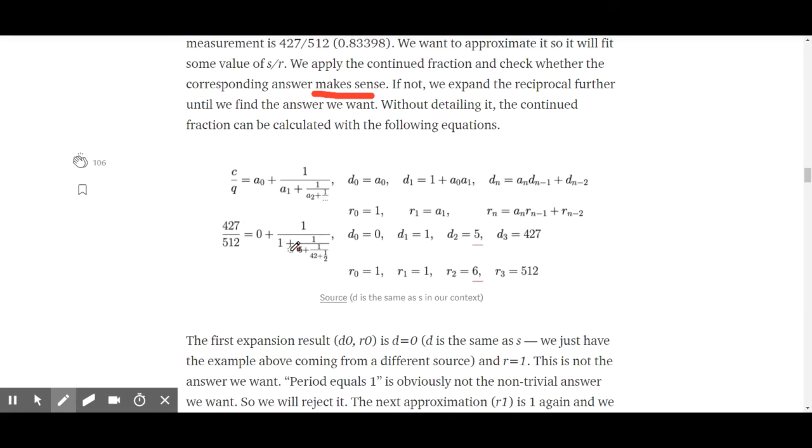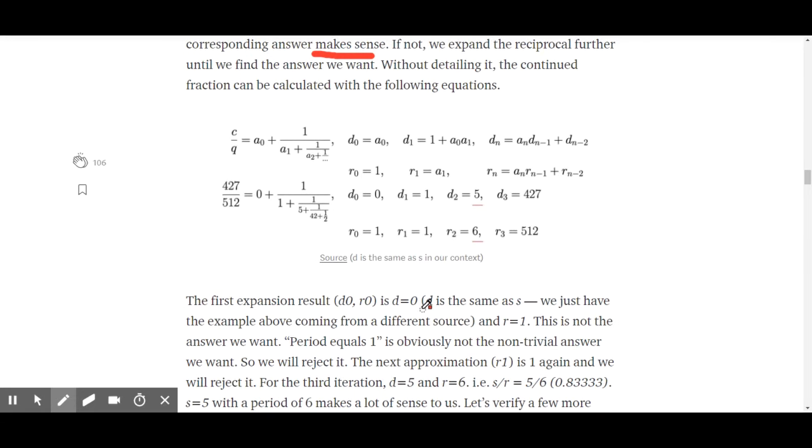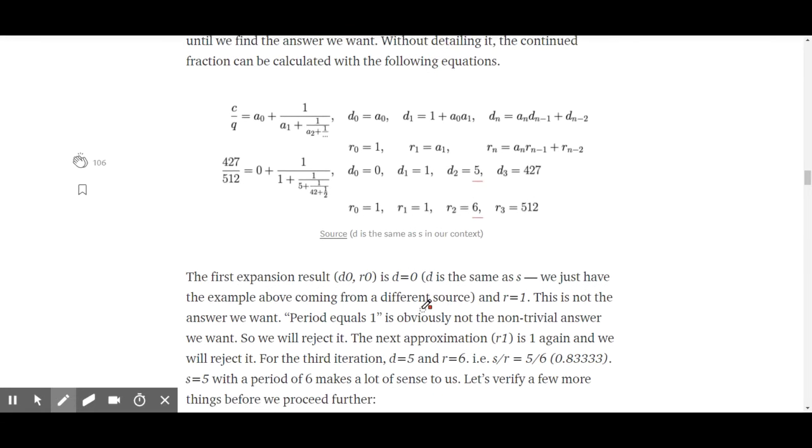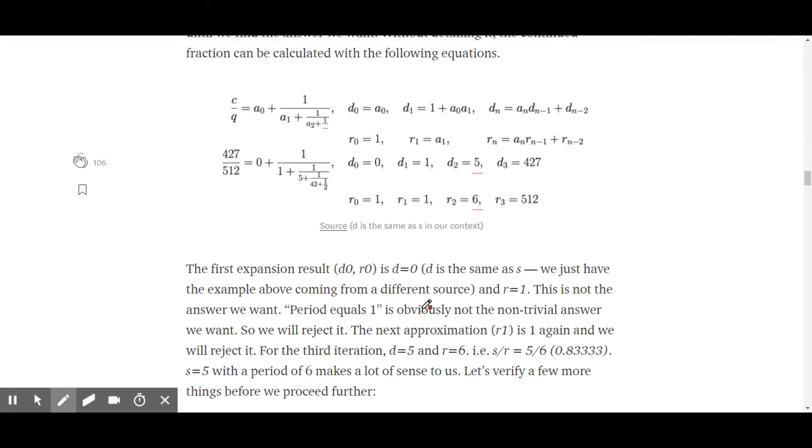The first expansion results in d0, r0. d is the same as s, and r equals 1.